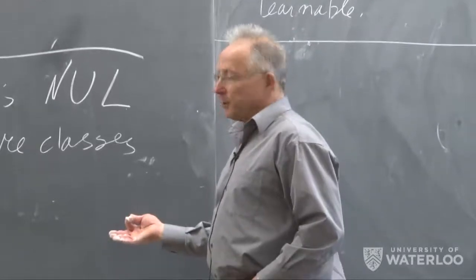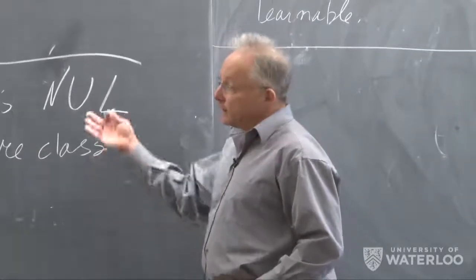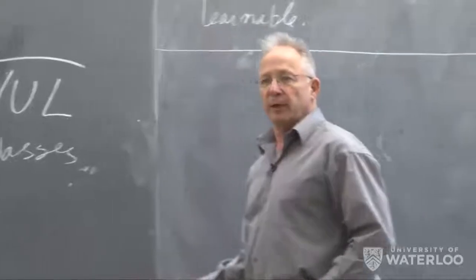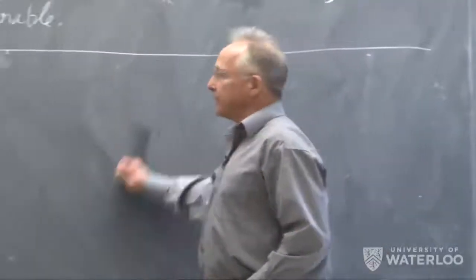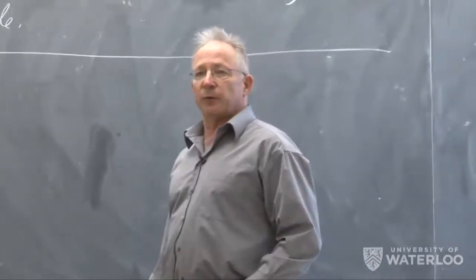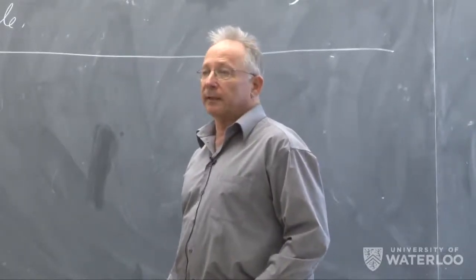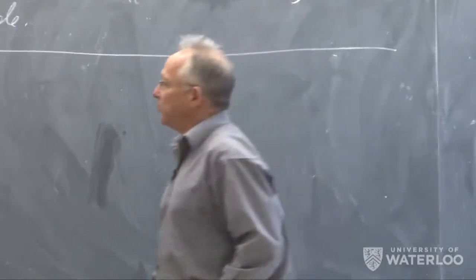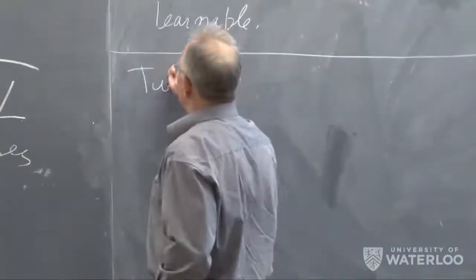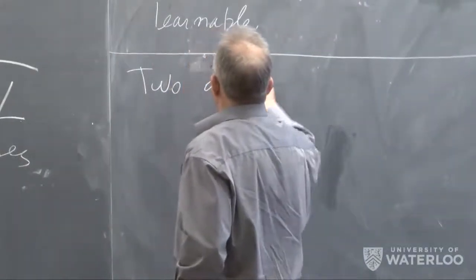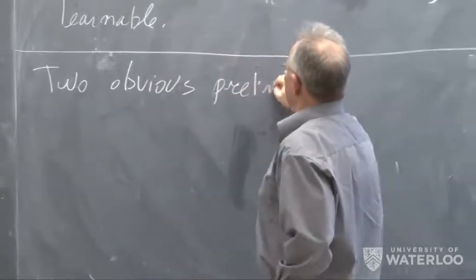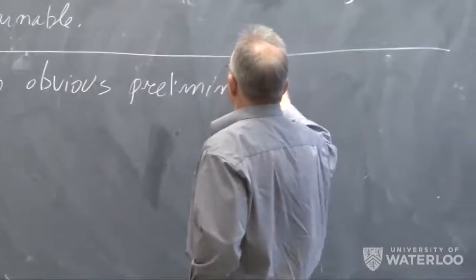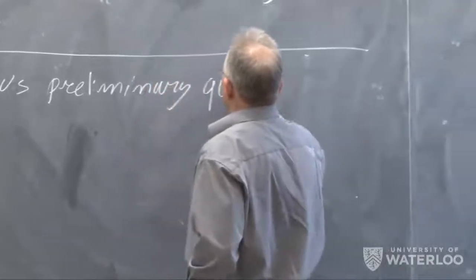So there are two questions that one can ask just seeing this theorem. First of all, does it give us something? Can we come up with a class that is non-uniformly learnable but is not learnable? Did it buy us anything? So there are two obvious preliminary questions to ask.